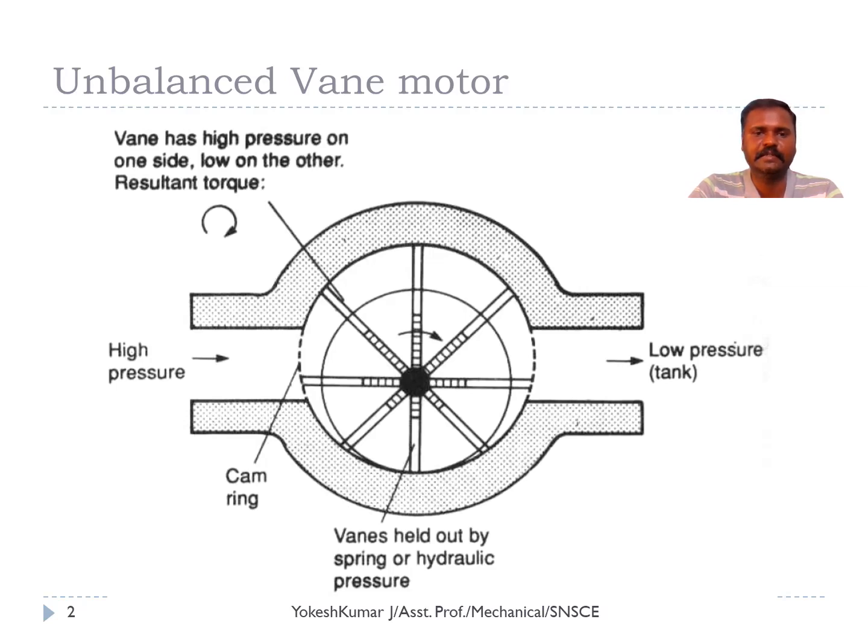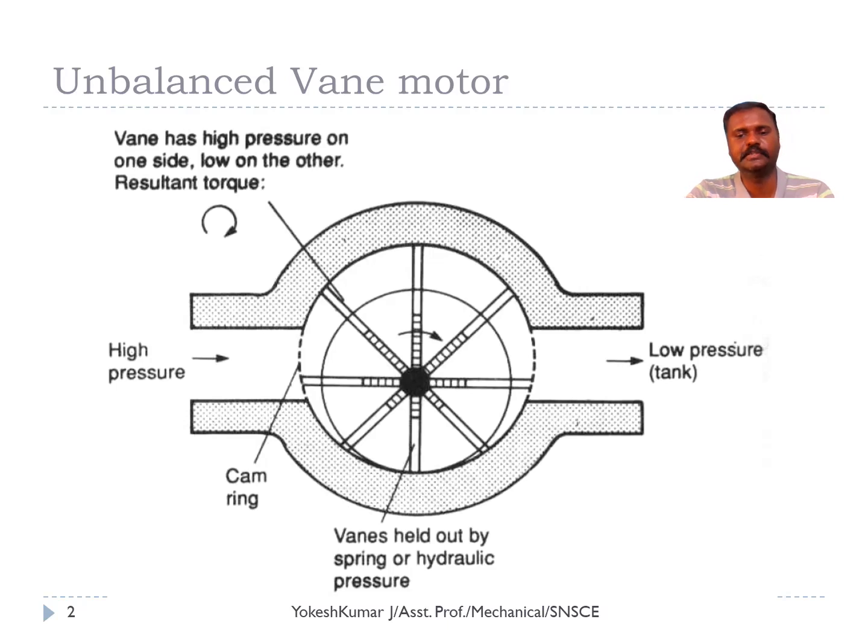Since the vane has high pressure on one side and low pressure on the other, it will move from high pressure to low pressure, so it rotates in a clockwise direction. The oil is carried between the blades, in what are called chambers. Finally, it is sent to the low pressure side, which is connected to the tank or reservoir, and the fluid is bypassed to the reservoir.